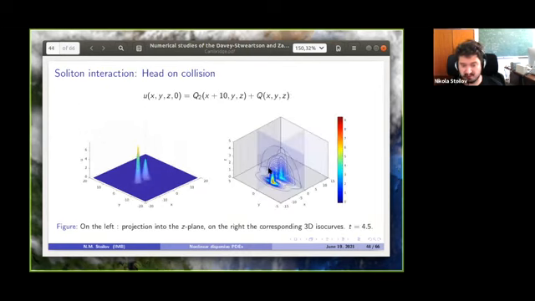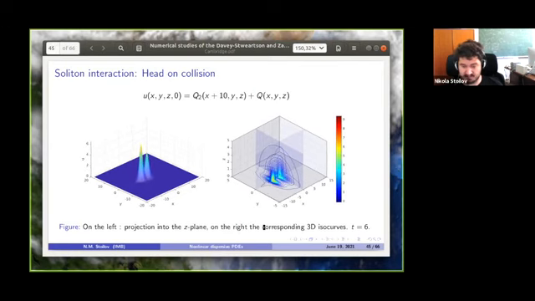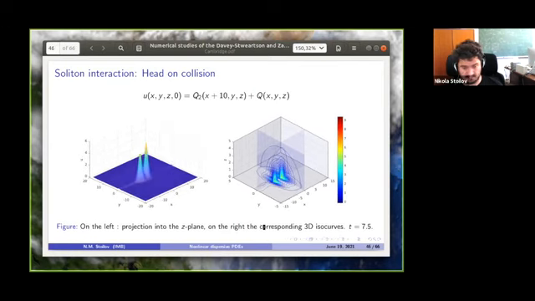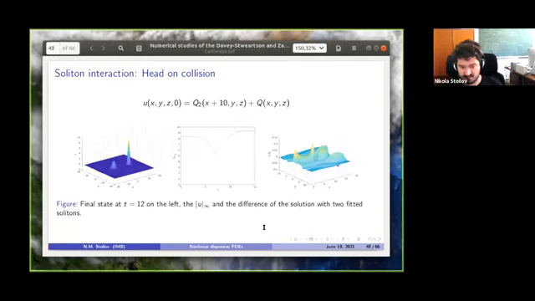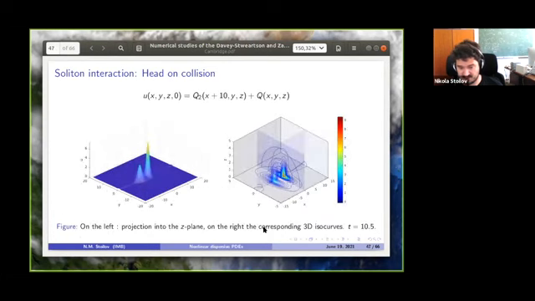Now we have soliton interaction. The first one is a head-on collision. What you can notice here is that the red is actually the red that is somehow around 7 or 8, not the red at 9, because the color map is absolute. So this is just a flip picture. The solitons interact and the larger one escapes, and now it is properly at its maximum value.